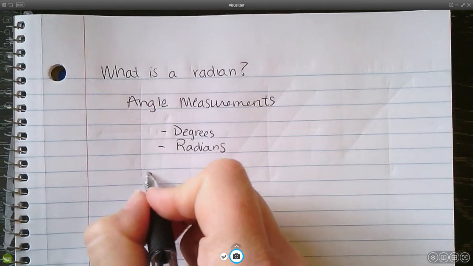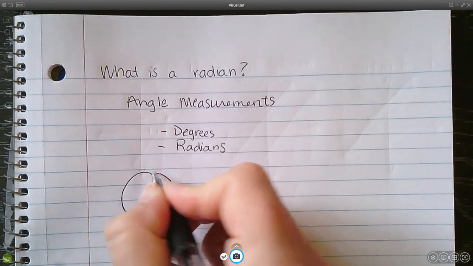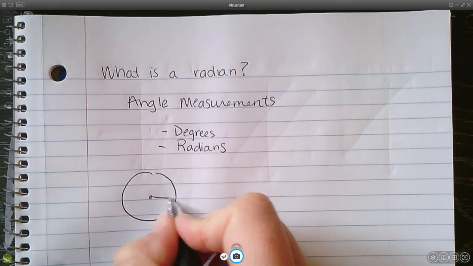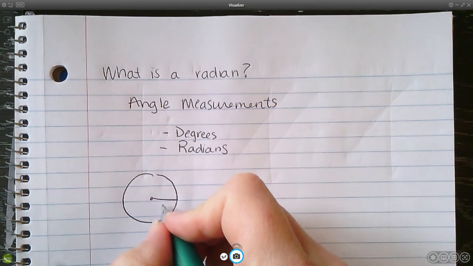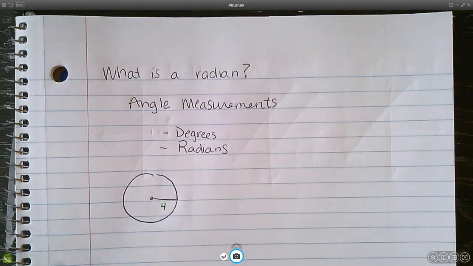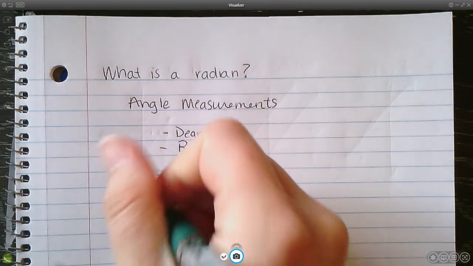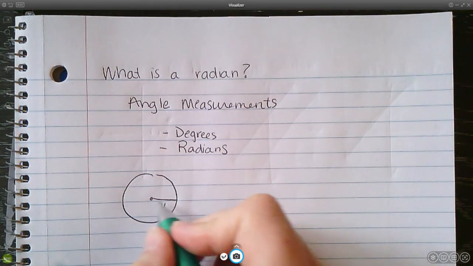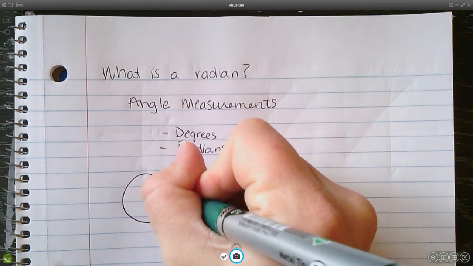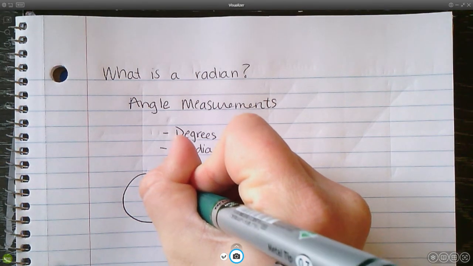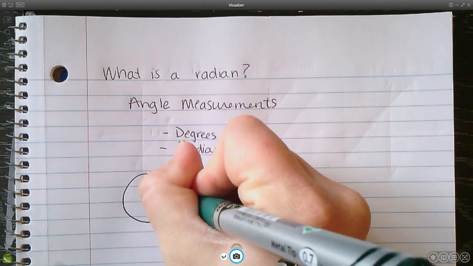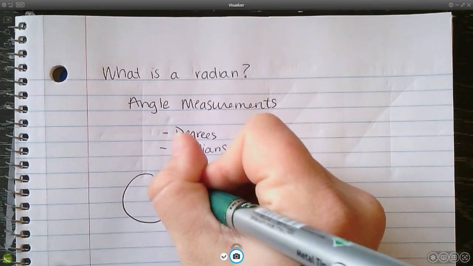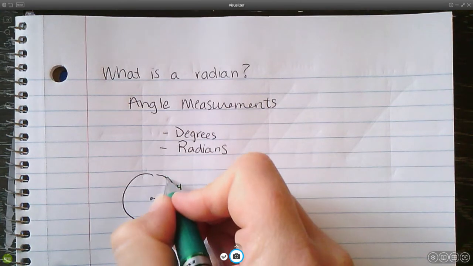So for example, let's say that you have a circle that has a radius of, let's say, 4. If I take this length 4 and I measure it around the outside of this circle, this is also a length of 4.